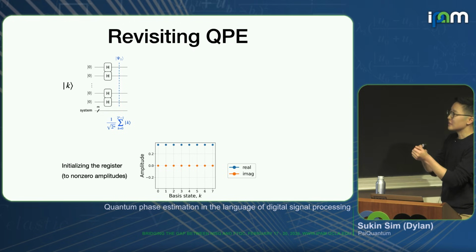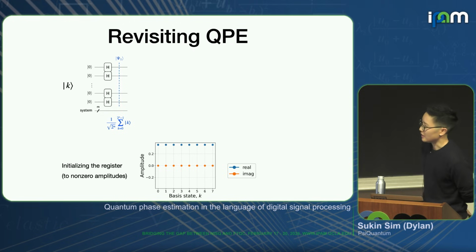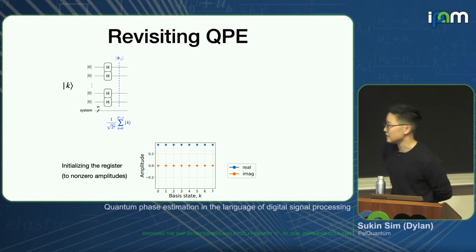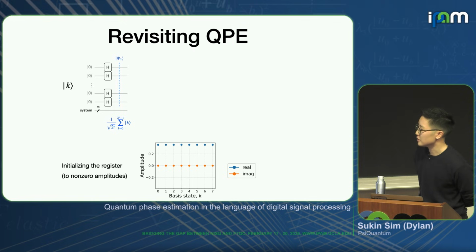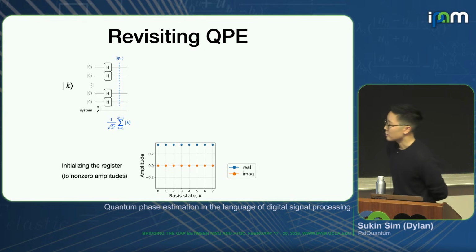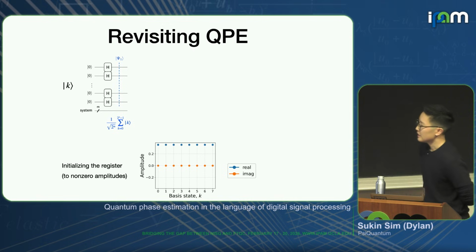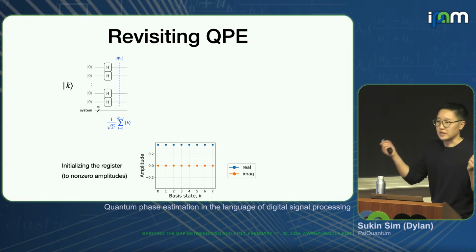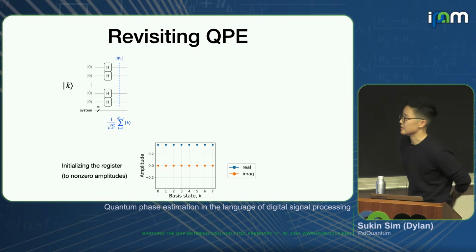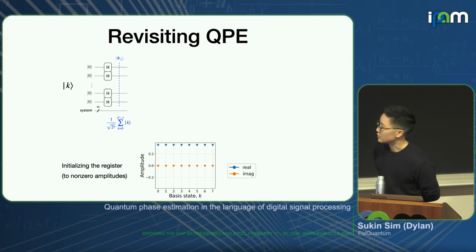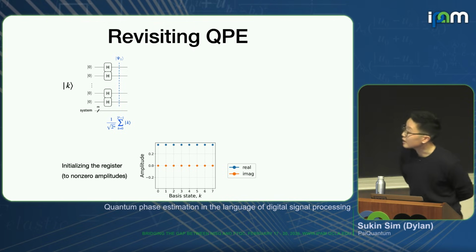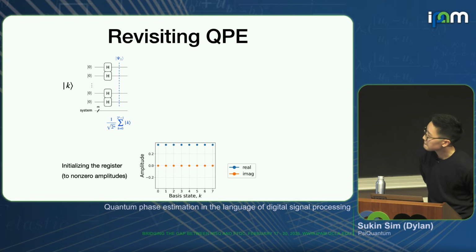So we're going to re-walk through the same evolution of the state in the phase register, but now we're going to visualize it in a graphical form, where I'm plotting the amplitude of the state in the phase register. I'm essentially just unraveling the state and plotting the basis states of the phase register.